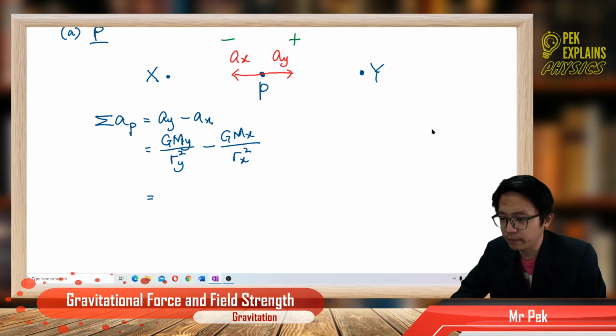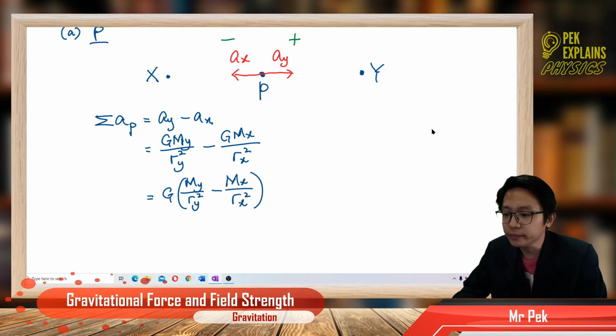Then we can factorize out the common G, so it is easier for us to solve the question: G times mass Y over Ry square, negative mass X over Rx square.